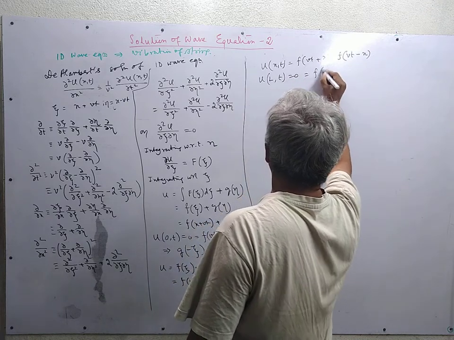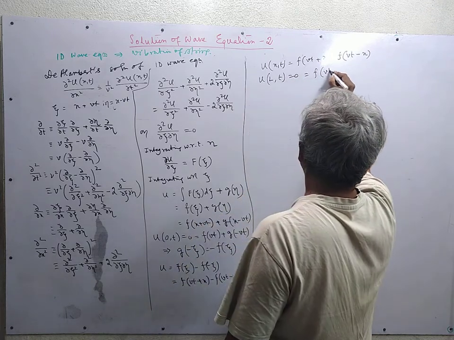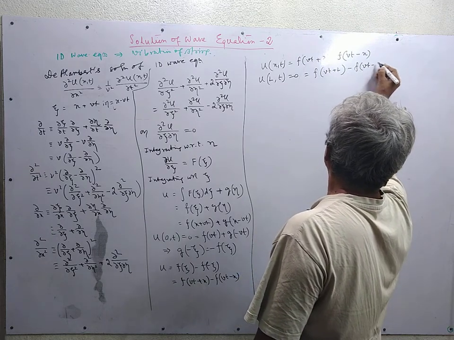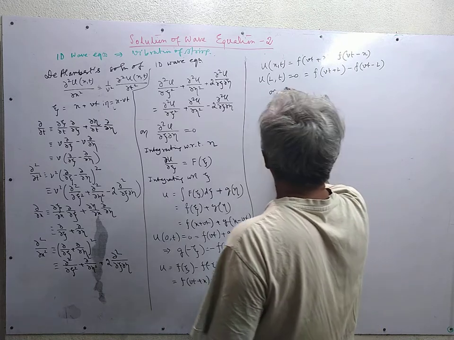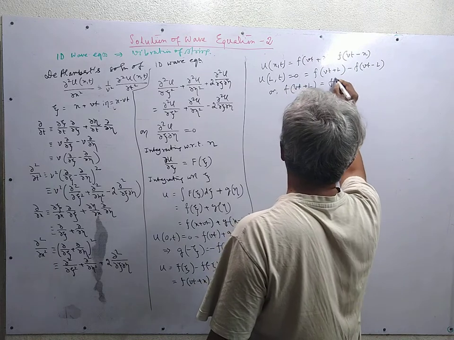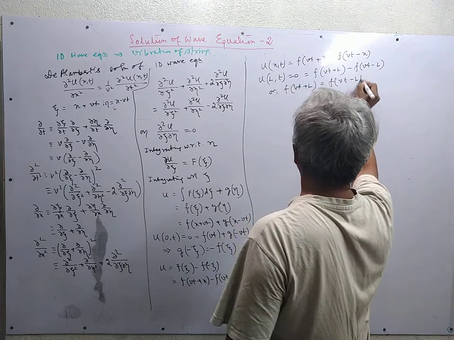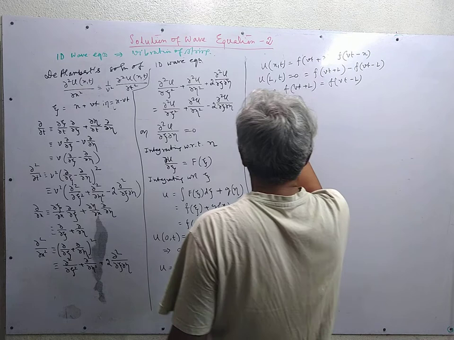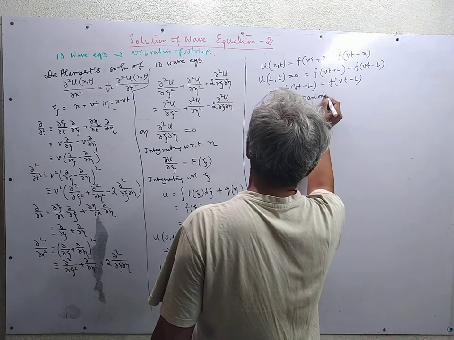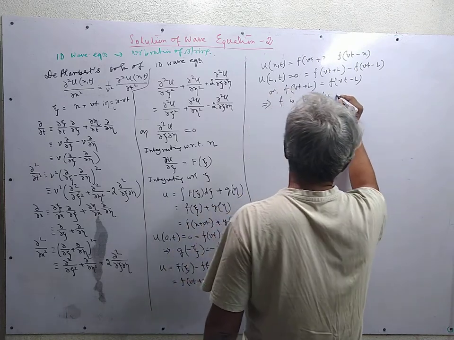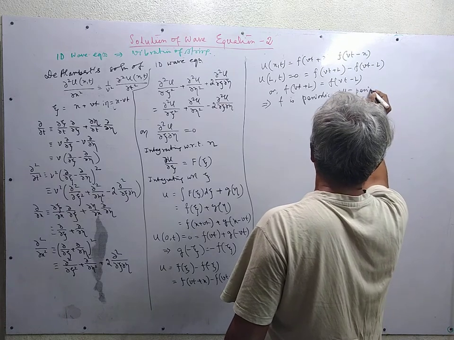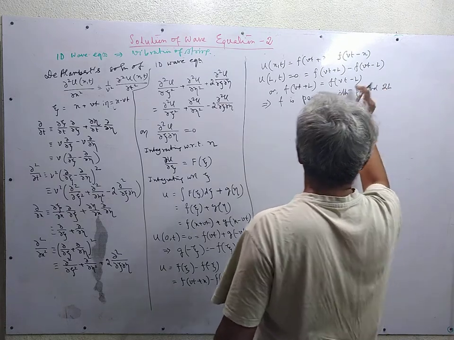This gives f of vt plus l minus f of vt minus l, or f of vt plus l is equal to f of vt minus l. So the f is periodic with spatial period equal to 2l.